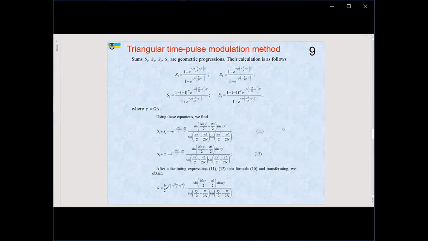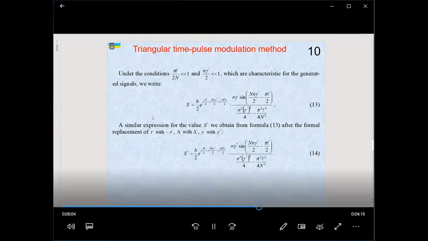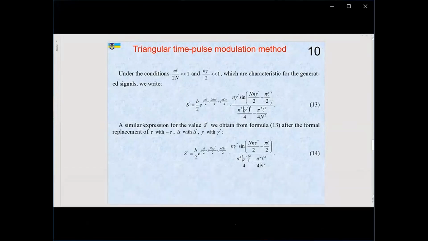After substituting 11 and 12 into formula 10 and transforming, we obtain, under the condition, the increment gamma for the generated signal. A similar expression for the value S2 we obtain from formula 30 after replacing tau with minus tau, delta with delta 2, and gamma with gamma 2.